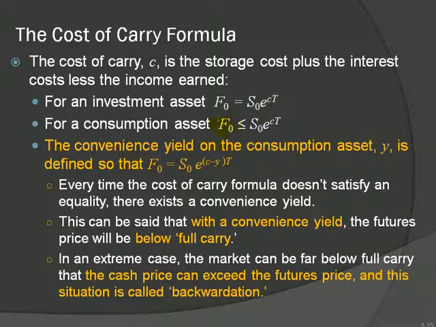In other words, the futures contract cannot substitute for the spot contract. So the point is, in the case of a consumption asset, we are observing inequality. Now, convenience yield is what makes this inequality an equality. We could represent this as this by using this convenience yield y. Okay, I'm going to stop here.